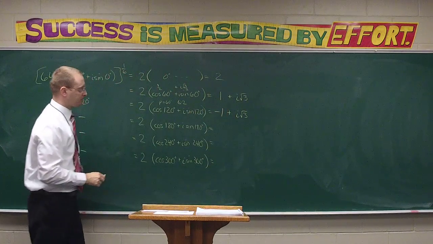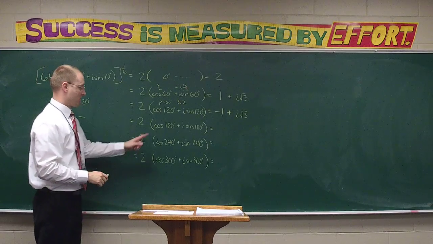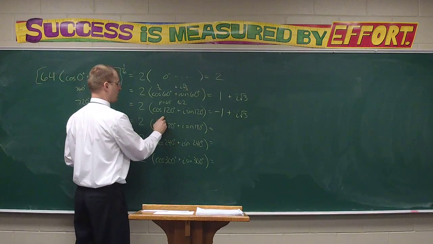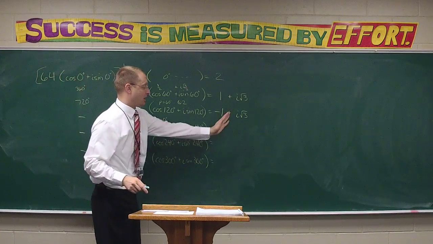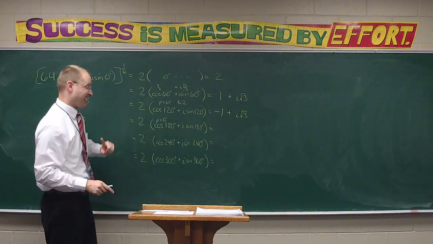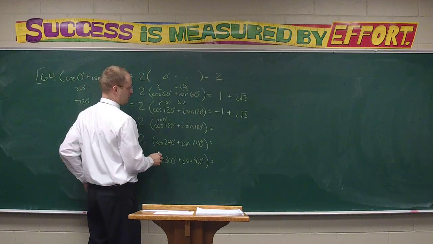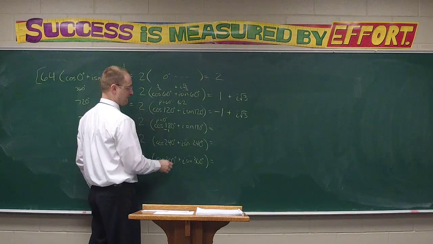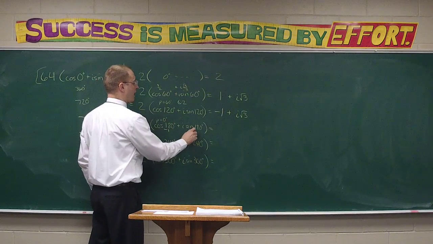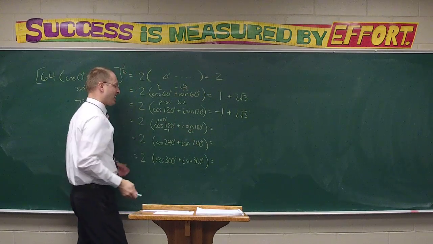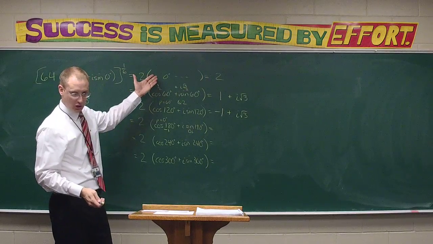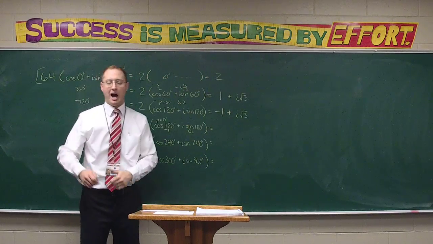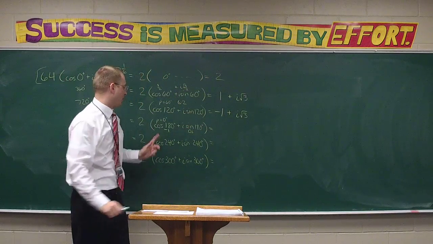For the next one, the reference angle will be 0, so I can't just put a 1 and an i root 3 on this one because it's not a 60-degree angle. It'll leave with a -1, and so it'll be -2 for the answer. Right, so we have -2 plus 0i. Another way to get it: cosine 0 plus i sine 0 is 1, then the opposite, or 180, would be -1, so -2.